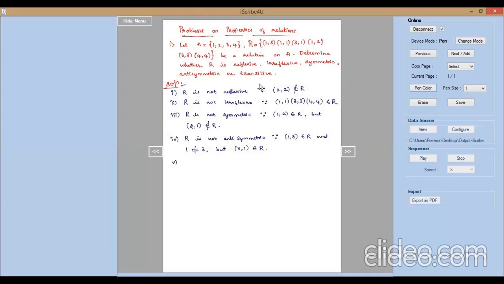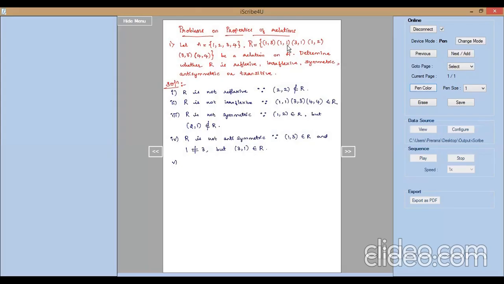We'll start with the first element and check the transitivity property. We observe (1,3) belongs to relation R, (3,1) belongs to R. This implies (1,1) should belong to R. So (1,1) is belonging to R. For one ordered pair, when you verify like that, you cannot conclude it is transitive.